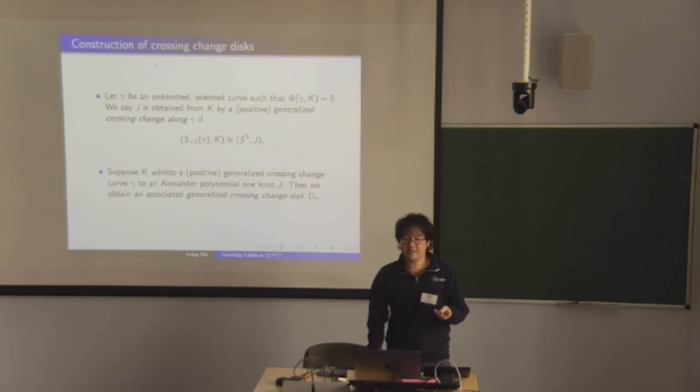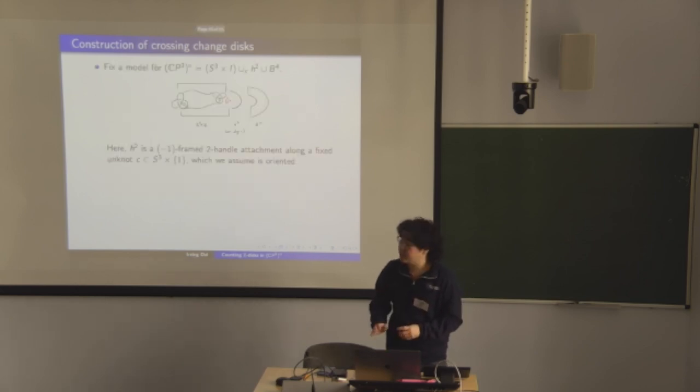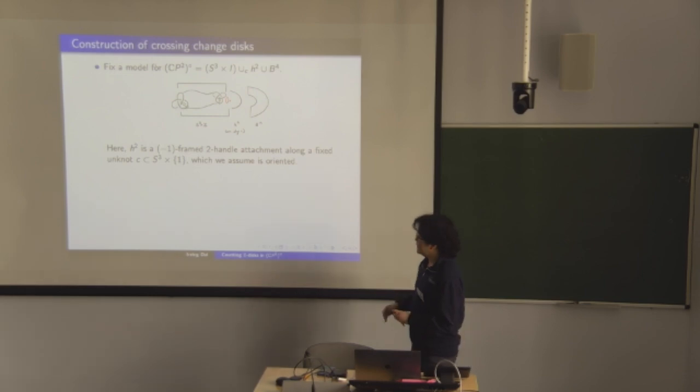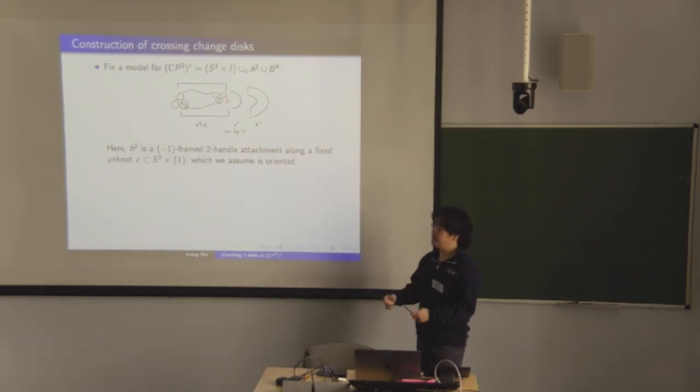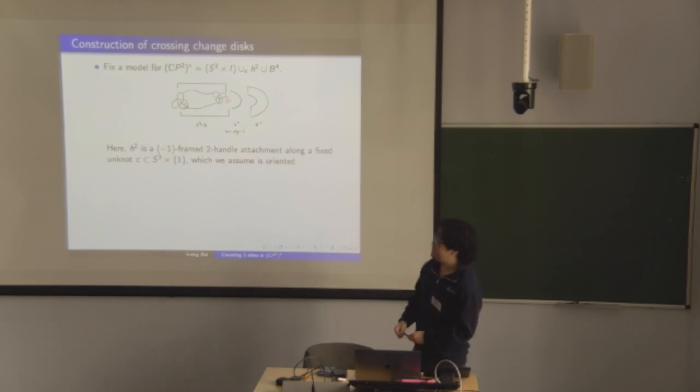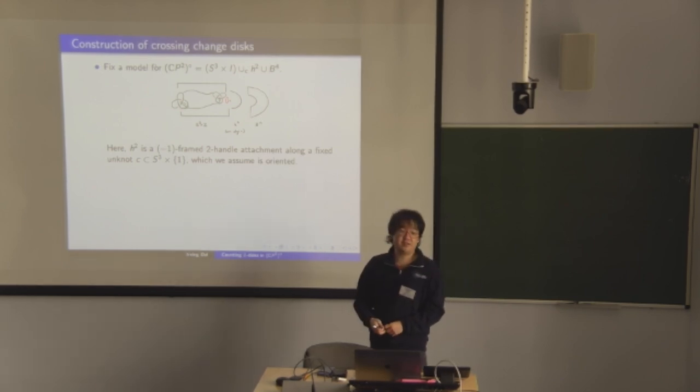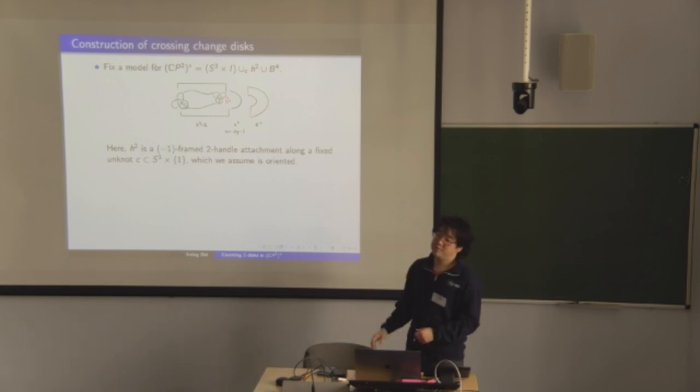And what is the construction of this crossing change disk? I want to be a little bit careful, actually. I want to start off with a fixed model for punctured CP2, and the fixed model is the following. I just take S3 cross I, and on the outgoing boundary of S3 cross I, I fix an oriented unknotted curve C. Along this curve C, I do a -1 framed two-handle attachment.